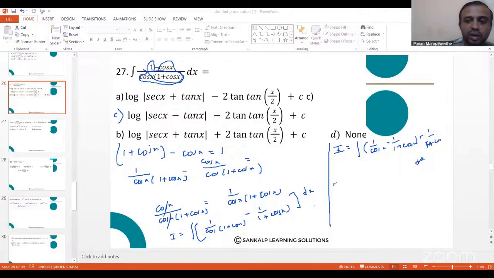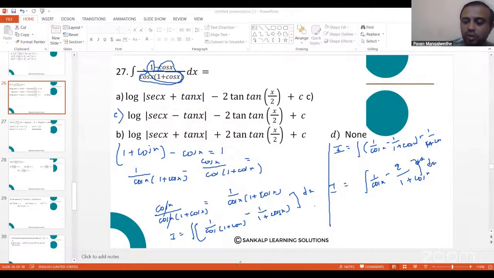So I is equal to integration of 1 upon cos x minus 2 upon 1 plus cos x, because 1 plus 1 is 2, and it is dx.